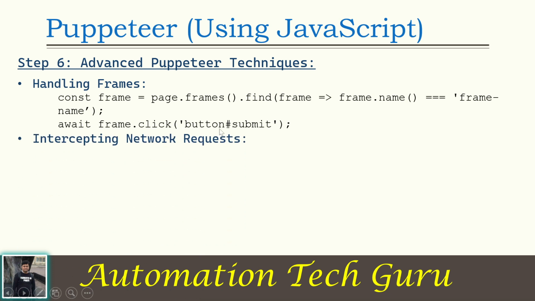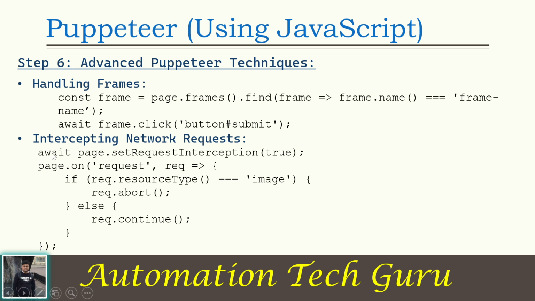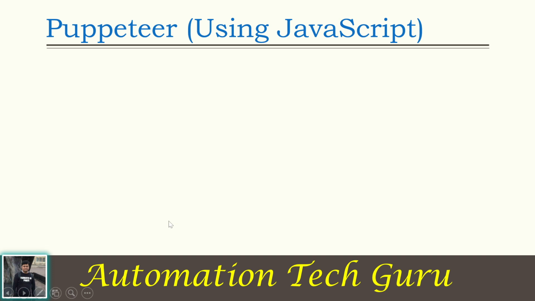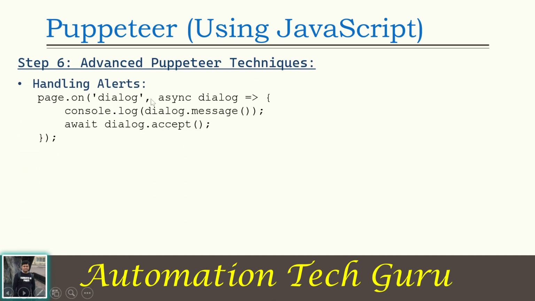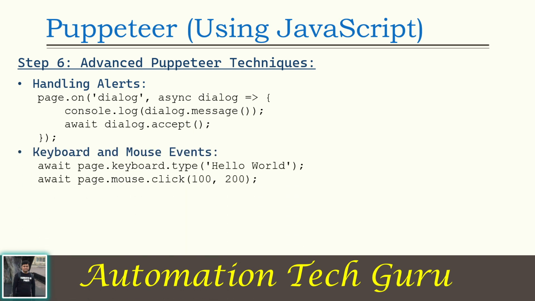Then intercepting network requests: await page.setRequestInterception, page.on('request'): if the resource type equals image, request.abort, else continue. Then handling alerts: you can use page.on('dialog'), async dialog, console.log(dialog.message), await dialog.accept. So instead of alert, you use dialog. Keyboard and mouse events: you can use page.keyboard.type and page.mouse.click.